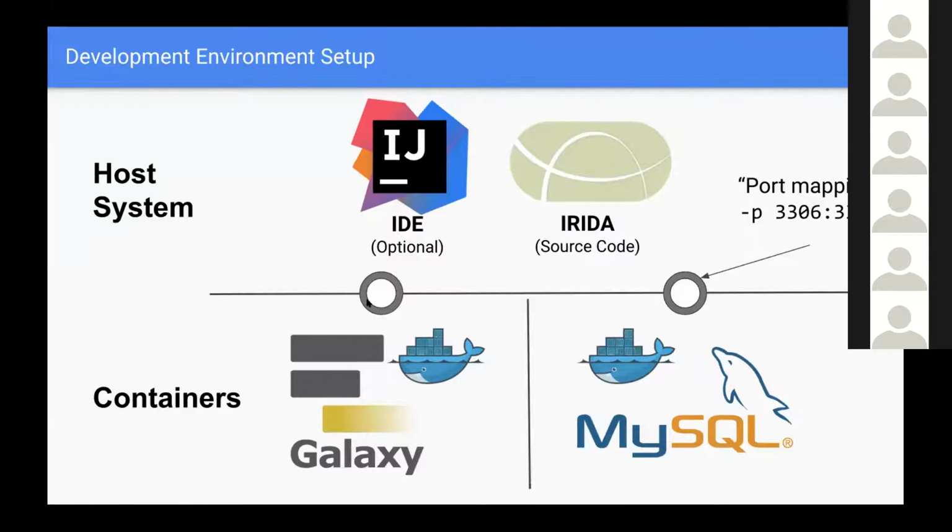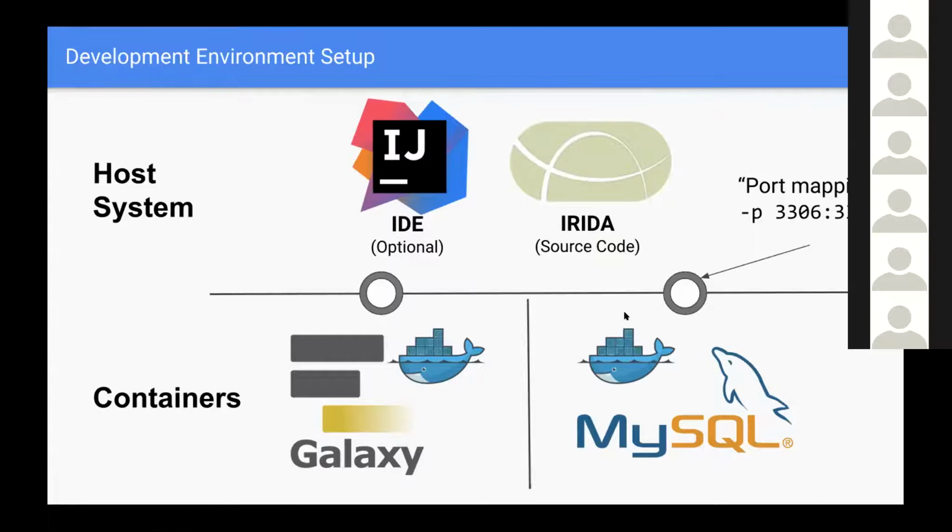These circles in the boundary between the host and the containers just represent that there are a couple of places where you have to map ports. So irida talks to MySQL over a port, and it talks to Galaxy, so you want to expose Galaxy over a port as well.